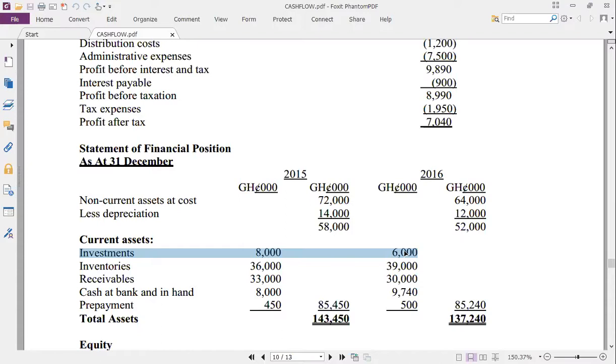So that's the investment. However, in some situations, when you see investment under current asset, the examiner will tell you that this investment can be convertible to a known amount of cash within a short time. So you can classify it as what? Cash and cash equivalent.